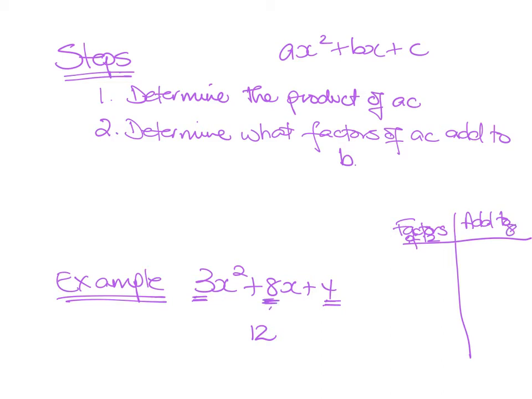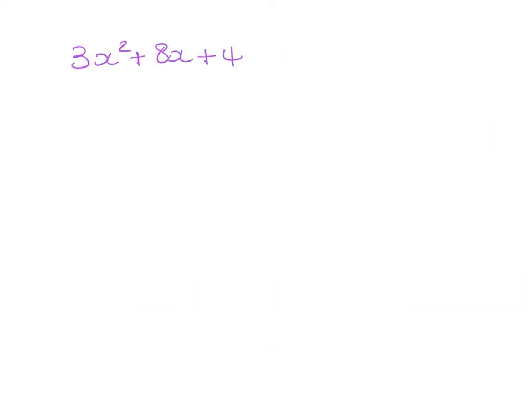So we're looking for factors of 12 that add to 8. So the factors of 12 are, we have 1 by 12, we have 2 by 6, we have 3 by 4. When we add them up, 12 and 1 is 13, so we're not looking for that. 2 plus 6 is 8, we are looking for that. And 3 plus 4 is 7, so we're not looking for that. So the two factors that we're looking for are 2 and 6.